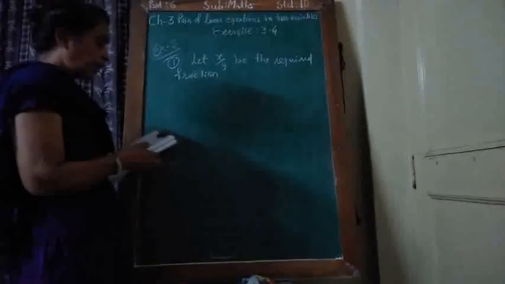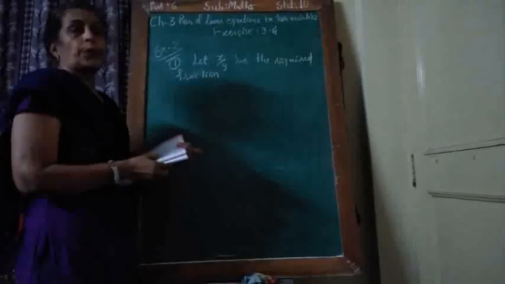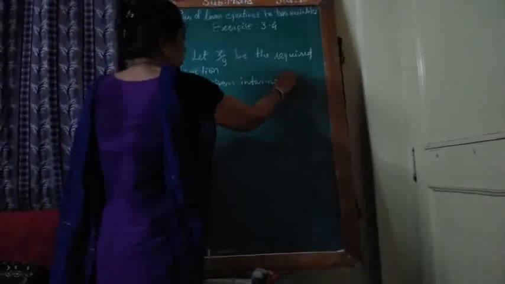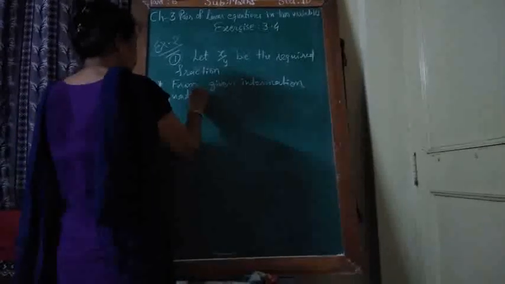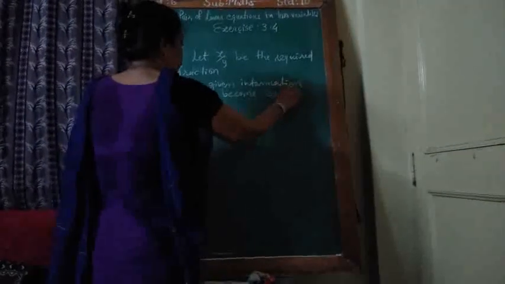They say that if we add 1 to the numerator and subtract 1 from the denominator, the fraction reduces to 1. From the given information, the equations become as follows.